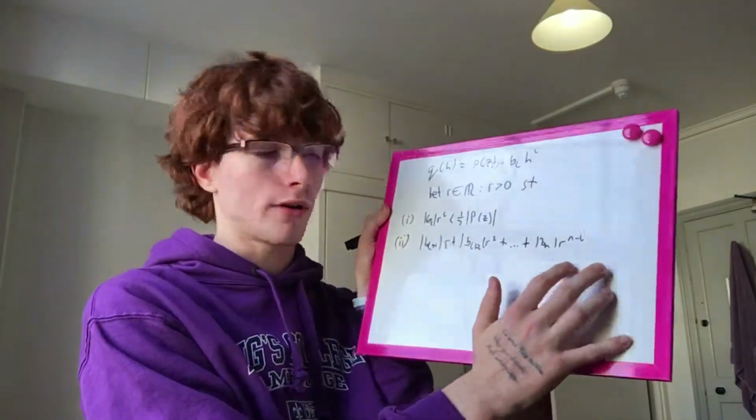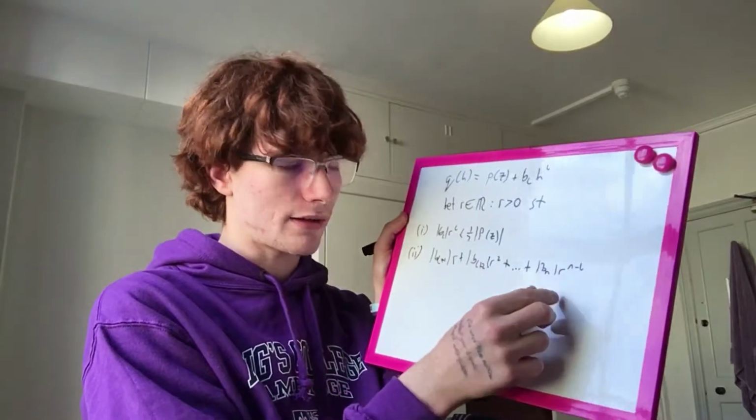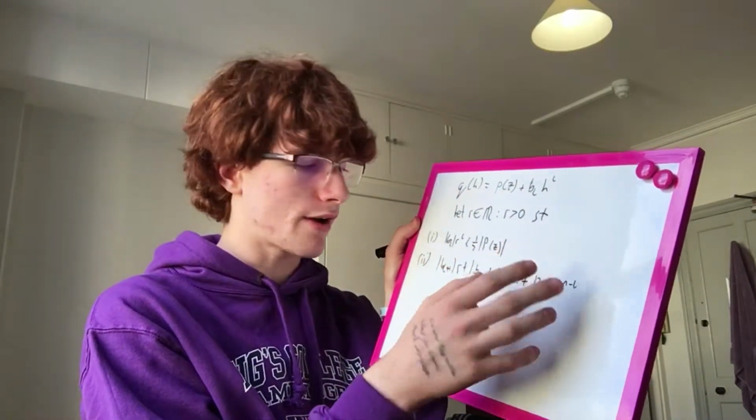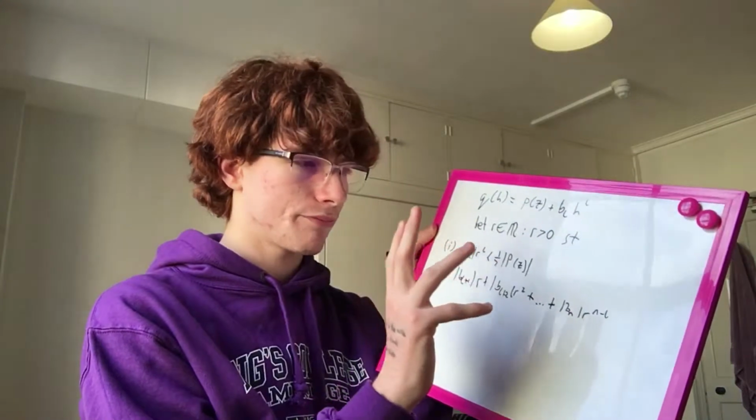And then the second condition that R has to satisfy is that the absolute value of B of L plus 1 times R plus the absolute value of B of L plus 2 times R squared plus dot dot dot plus the absolute value of B of N, so all the way to the end, R to the power of N minus L. So you're just adding up these R's as you take the increasing values of L up until B of N, where you have missed off the first L, but have N minus L exponents.